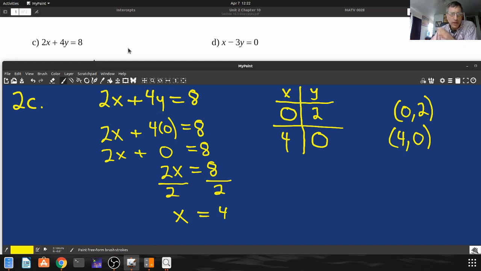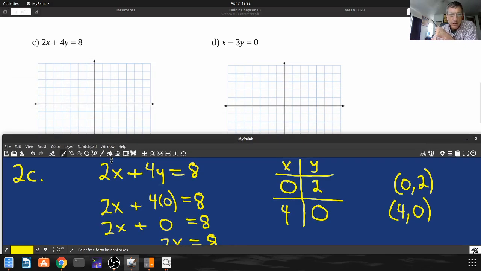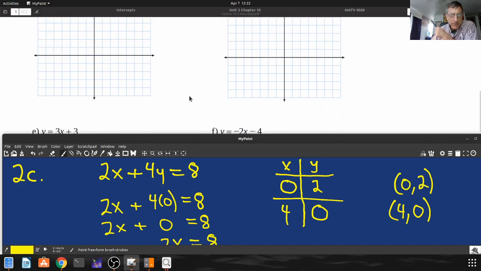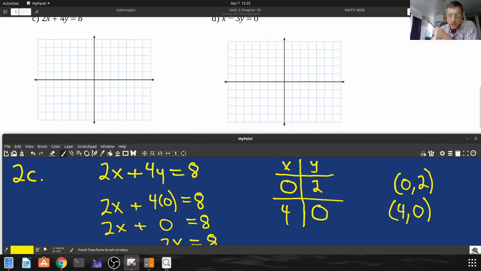So you would plot them here. So 0, 2. Here you have your graph. You're going to do your y-intercept first. You're going to start on the y-axis and go up 1, 2, and you're going to put a dot right there. And then for your x-intercept, you're going to start at 0 and move over 1, 2, 3, 4, and put a dot right there, and then draw a line through both of them.